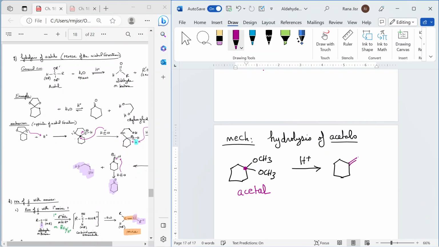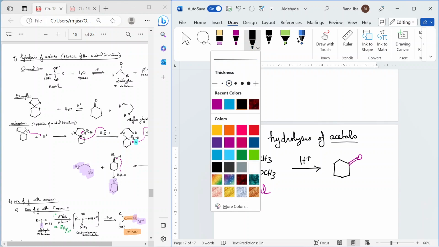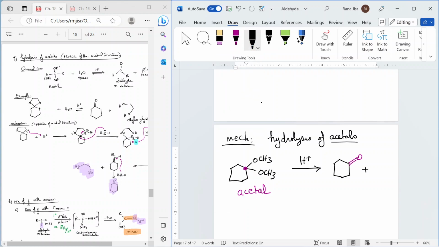So you go ahead and return it back to the carbonyl, plus the OCH3 is in there. These are the ORs. You just add hydrogens to them, and those are going to become your alcohol. So now I know that my alcohol is going to be CH3OH, and this is going to be in excess.